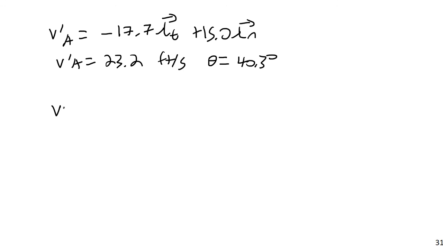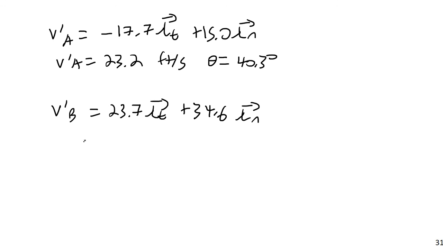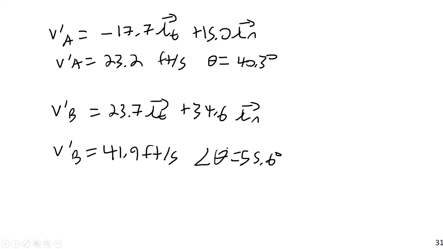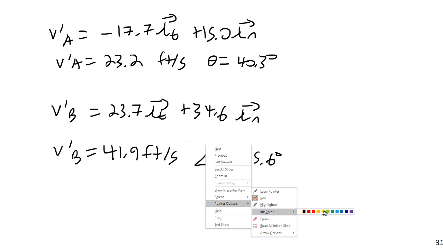And V prime B is equal to 23.7 lambda t plus 34.6 lambda n. In magnitude and direction, it would be 41.9 feet per second at an angle theta equals 55.6 degrees. And that would be my final answer here.